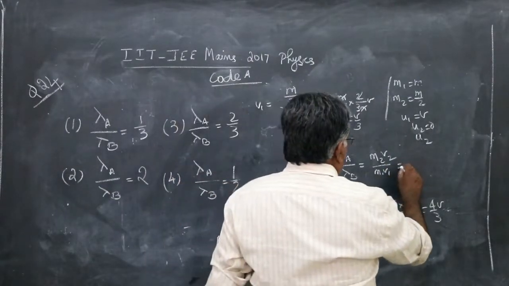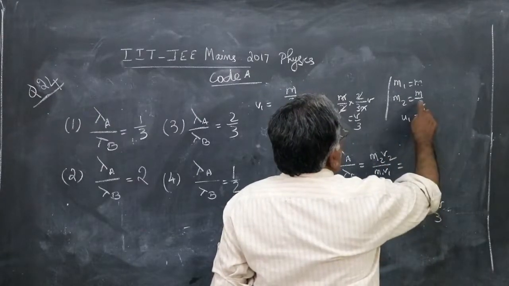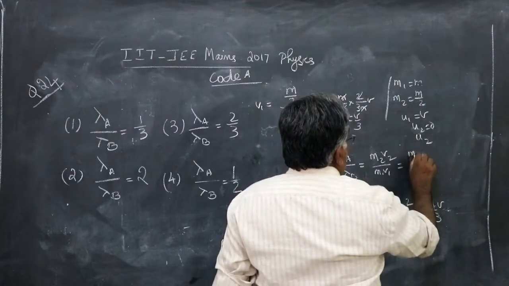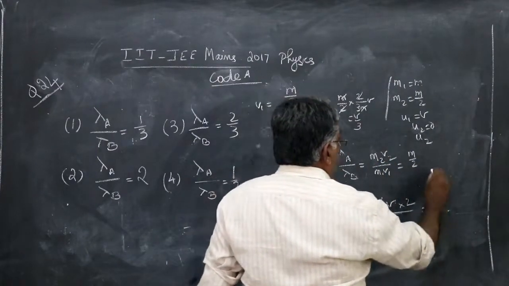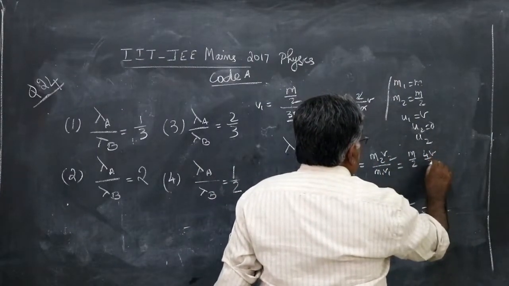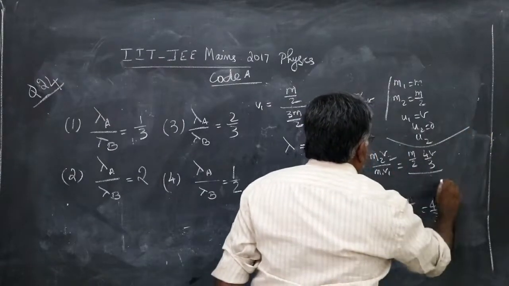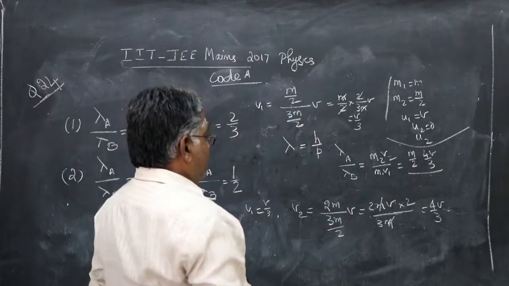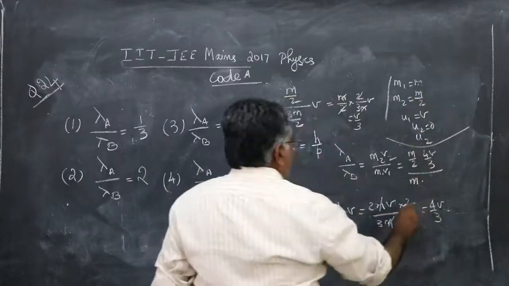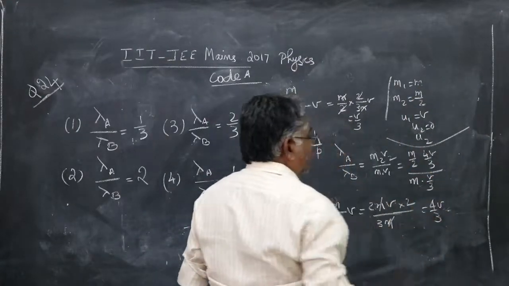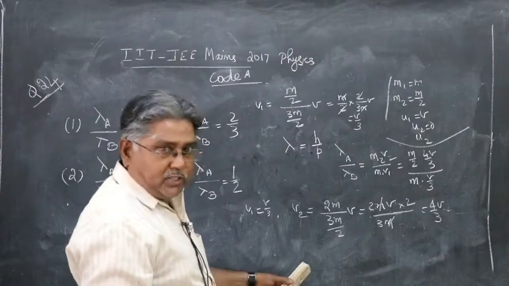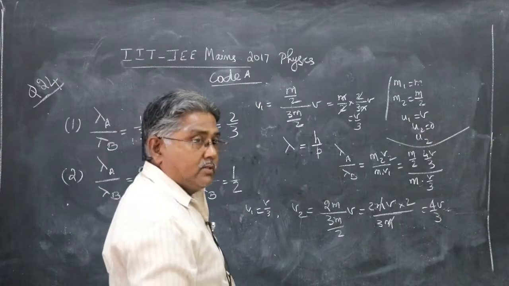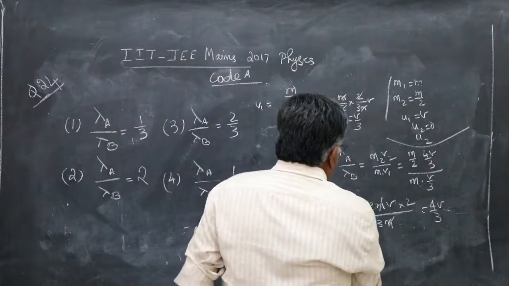So m2 is m by 2, v2 is 4v by 3, by m1 is m, v1 is v by 3. Is it okay? Simply substituting.